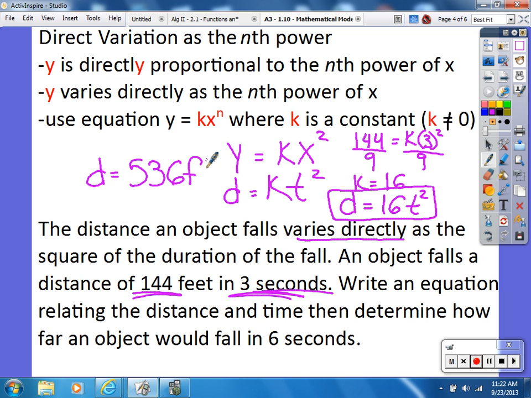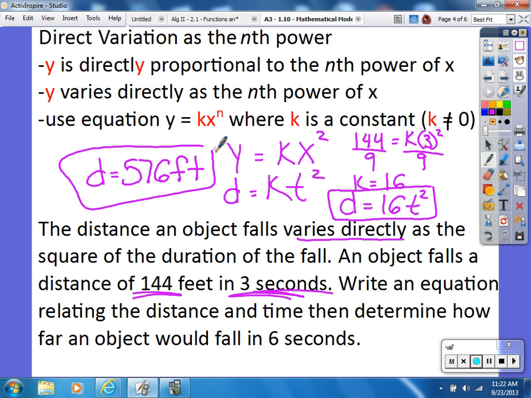I like that you said that. You just made me very excited there, Justin, because you said something very important. Feet. He labeled it feet. So I plugged 6 into my equation. That's all I did. Okay? Does that make sense?